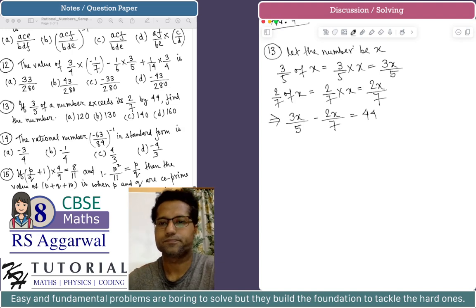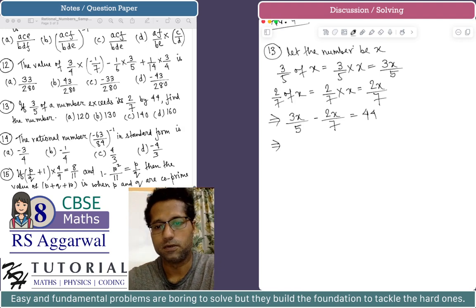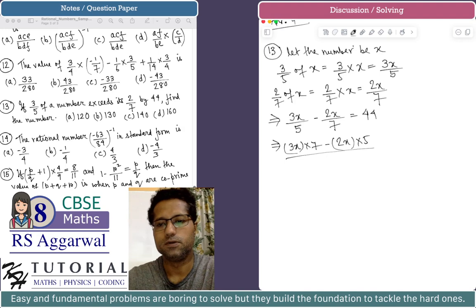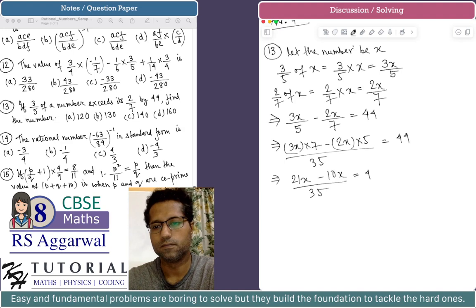So we have to simplify the term on the left hand side taking the LCM of 5 and 7, which is 35. So we have 3x multiplied by 7 minus 2x multiplied by 5, divided by 35, is equal to 44. This implies 21x minus 10x divided by 35 is equal to 44.